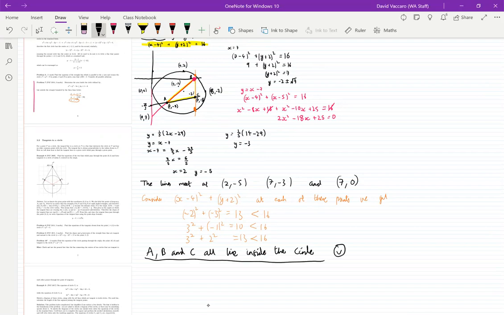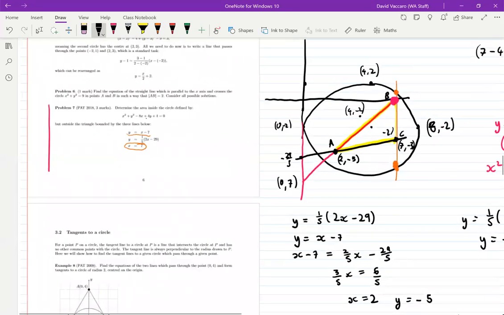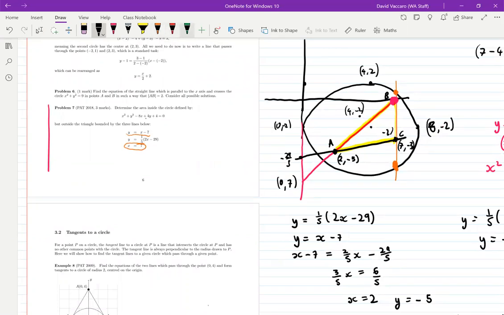Okay, which makes life considerably easier because I just need to find the area of the whole circle and then take away the area of the triangle. Now, if I look at the triangle, the natural side to consider as being the base is this vertical line here, and the difference in the y coordinates is the difference from -3 to 0.